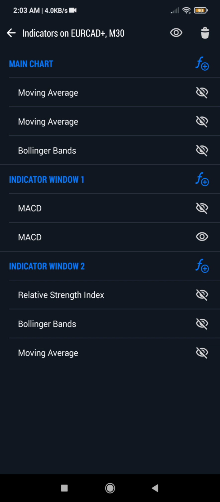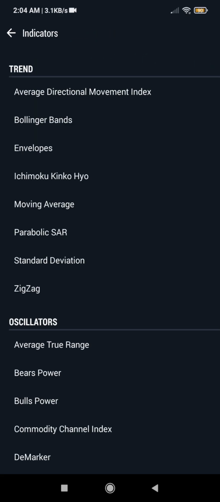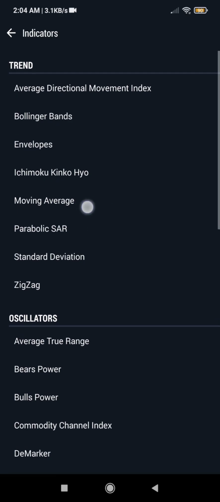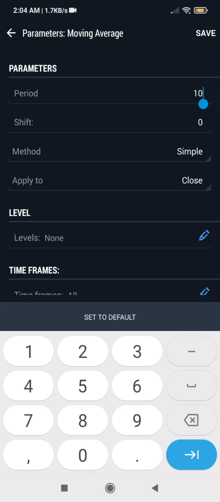The moving average will be on my main chart this time, not on the indicator window. Under the main chart, I'm going to click the plus sign, and you are going to look for the moving average, which is this one. What I will do here is change the period to 200.